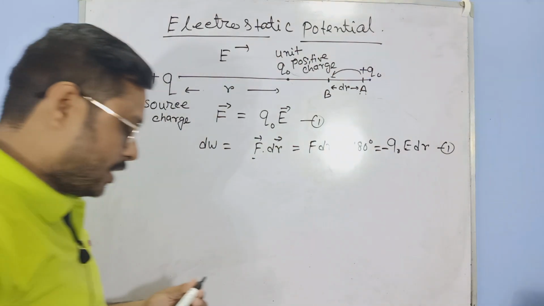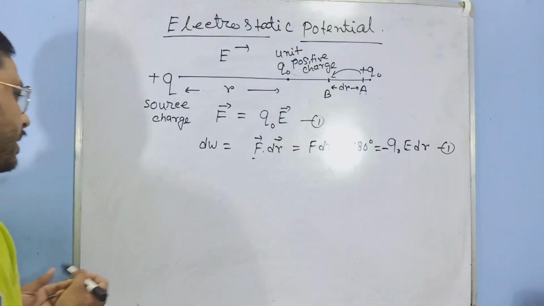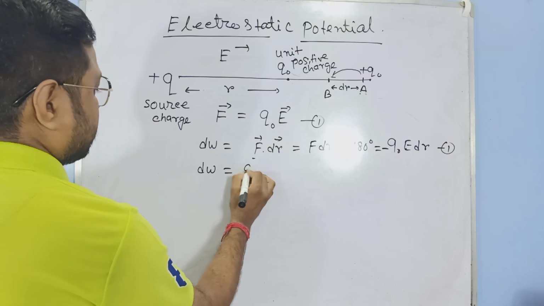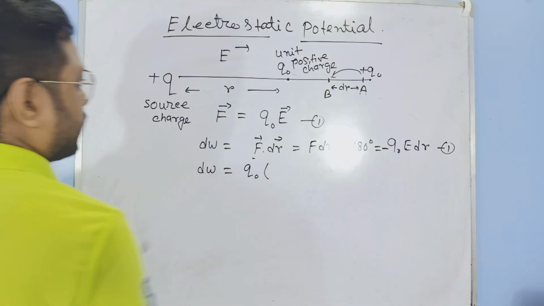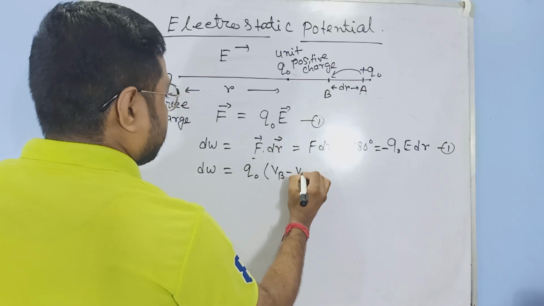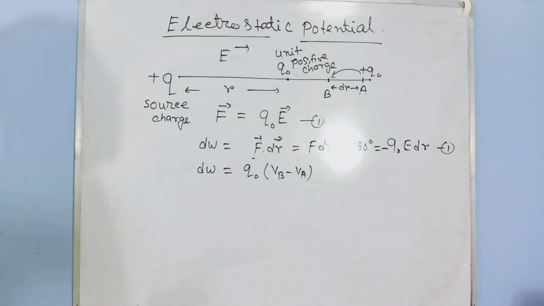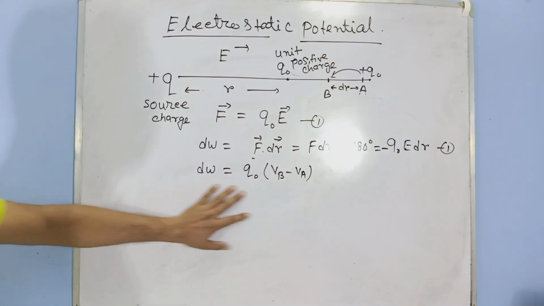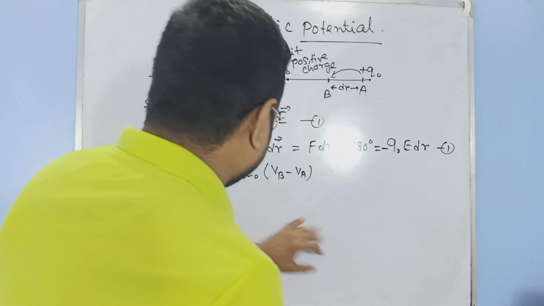Again, from the definition of work done, work done is Q0 times the difference in potential between the two given points. That is, charge into potential difference is the work done, that is Q0 into VB minus VA.